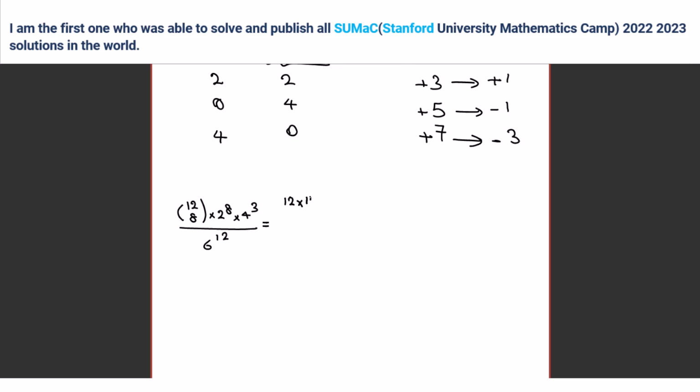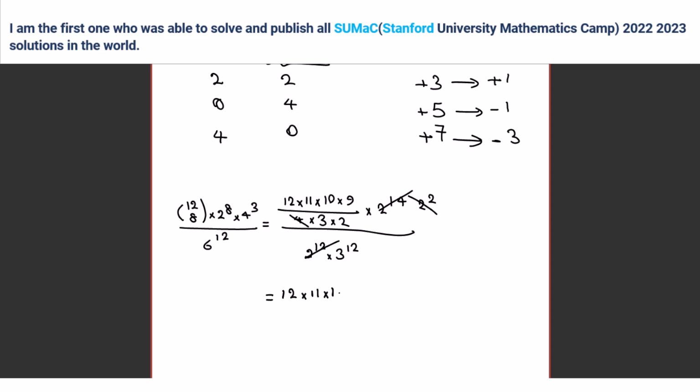Okay, 12 choose 8 is 12 times 11 times 10 times 9 over 4 times 3 times 2, times 2 to the 14, over 2 to the 12, 3 to the 12. So 2 to the 12 here, 2 squared is 4, then 12 times 11 times 10 times 9, over 3 to the 13 times 2.